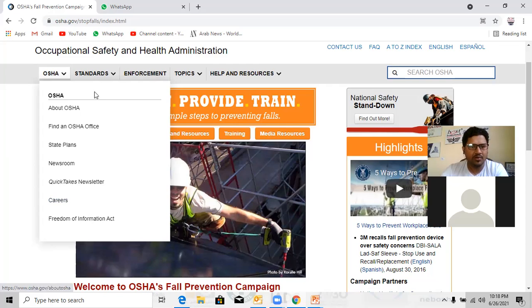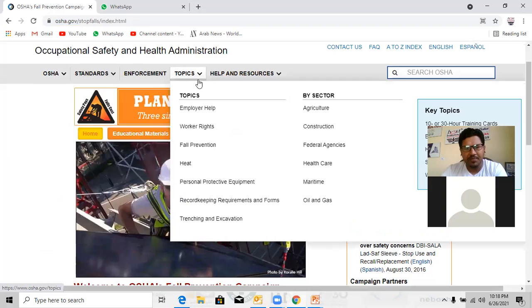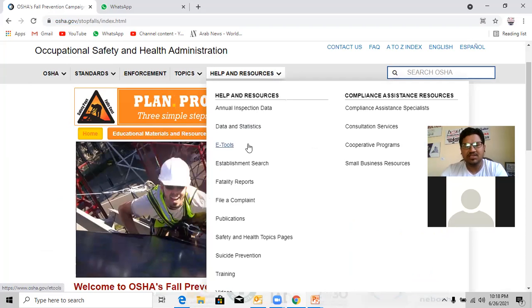There are also help and resources centers, like annual inspection data, compliance assistance specialists, and consultation services. There is also how to file a complaint, like if our employer is not providing PPE, we can even file a complaint.